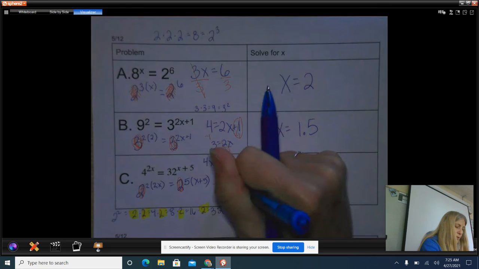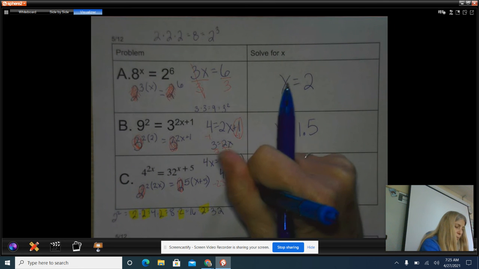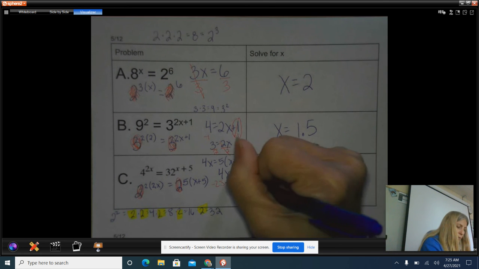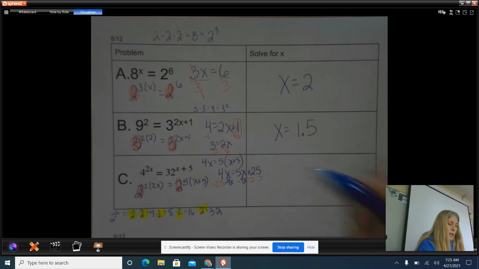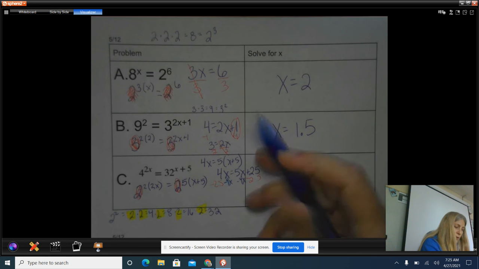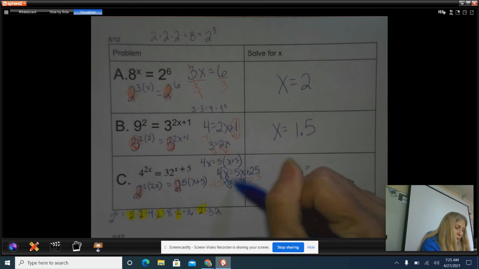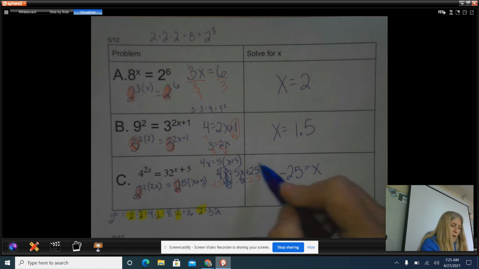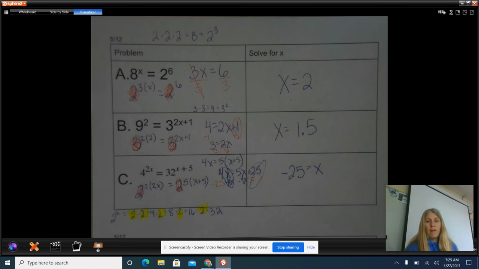Once again, you can do these one step at a time if you prefer. Minus 4x, minus 4x. So we have negative 25 is equal to, and right here our 4x and negative 4x canceled out. 5x minus 4x is simply x, and our 25 cancels out. So we have x is equal to negative 25.